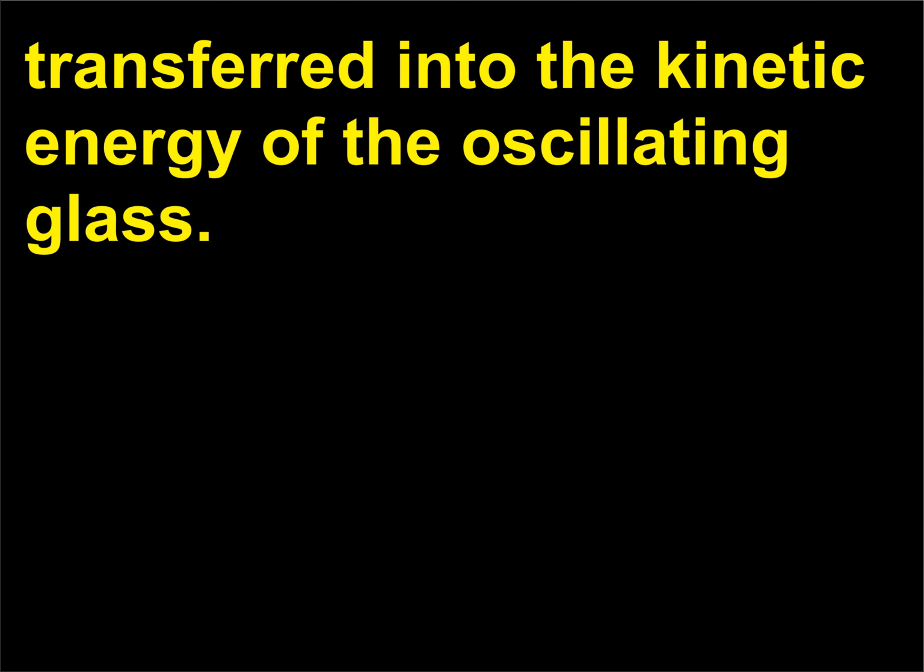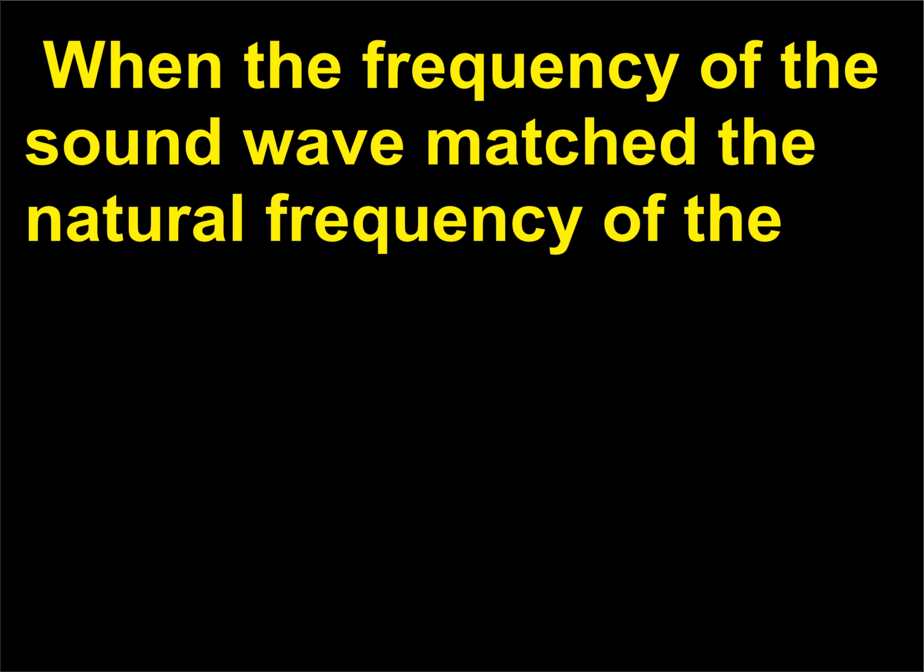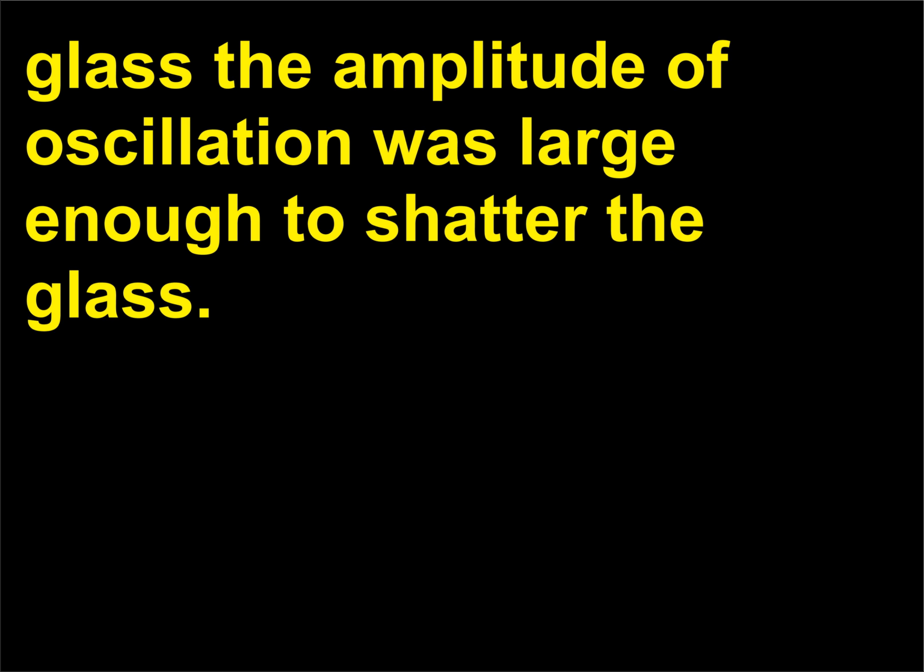Some of the kinetic energy in the sound wave was transferred into the kinetic energy of the oscillating glass. When the frequency of the sound wave matched the natural frequency of the glass, the amplitude of oscillation was large enough to shatter the glass.